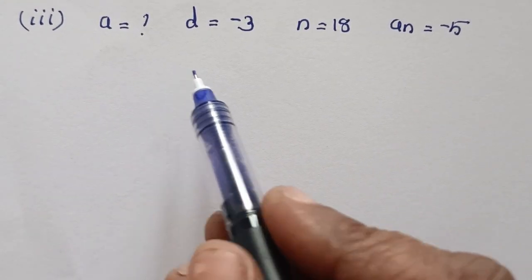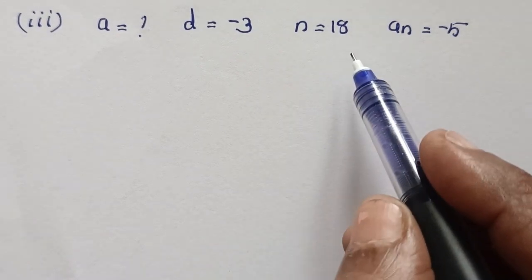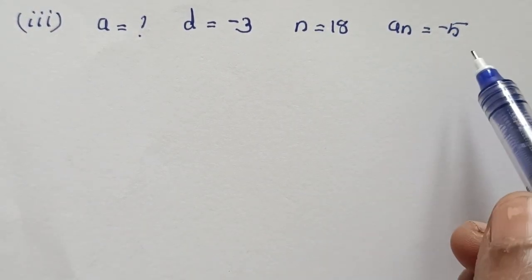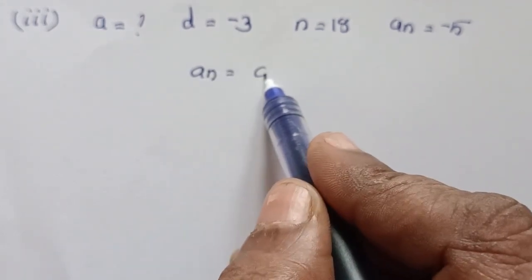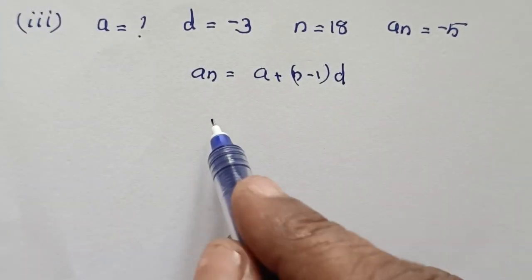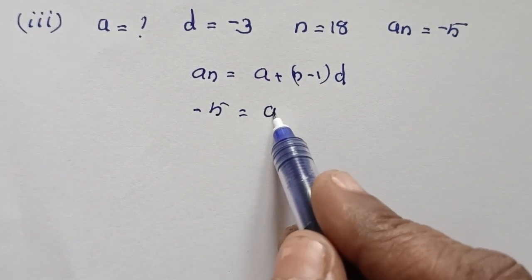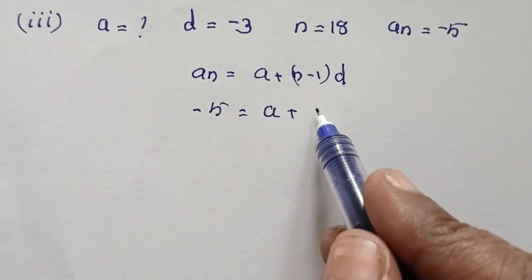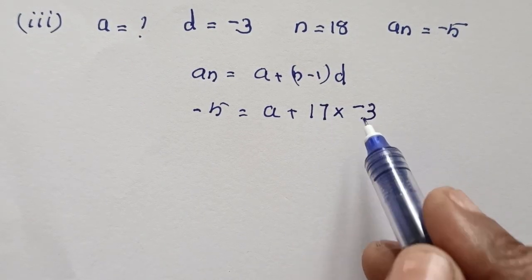Third question, a we have to calculate, d equal to minus 3, n equal to 18, an equal to minus 5. an equal to a plus n minus 1 into d. Substituting an, that is minus 5, equal to a we have to calculate, n minus 1 is 18 minus 1, that is 17, into d is minus 3.